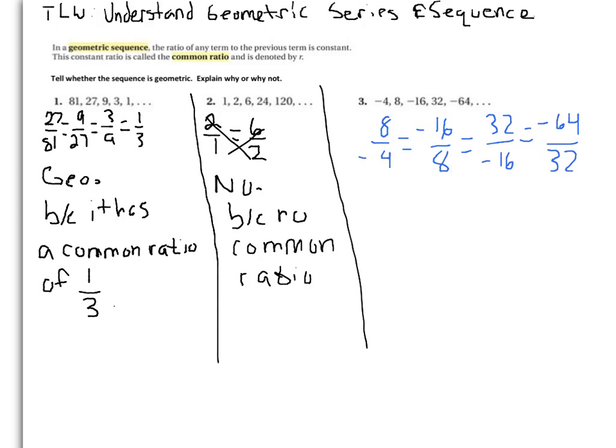Yes, those all match, so yes, because there's a common ratio of -2. Okay. So that's how you can find out if they are geometric.